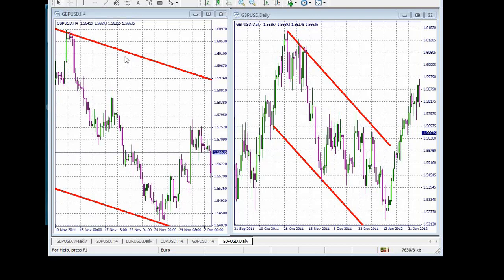So it's easier for me. Maybe it's a routine. I really don't know. But when you go into a smaller time frame, it's better to see the entries and exits.